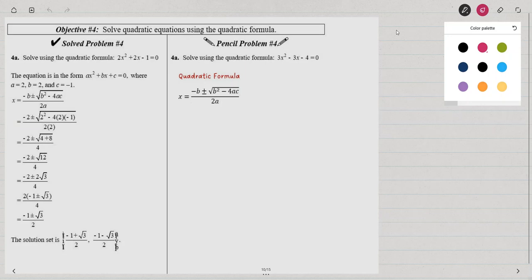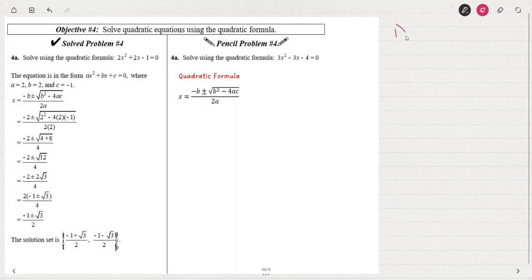to memorize. Now, applying the quadratic formula or any formula, here's some steps that I'm going to encourage you to use. The first step is to actually write the formula. And I do actually mean to write that quadratic formula each time you're going to apply it. The next step is to write the values you know. So write the known values.